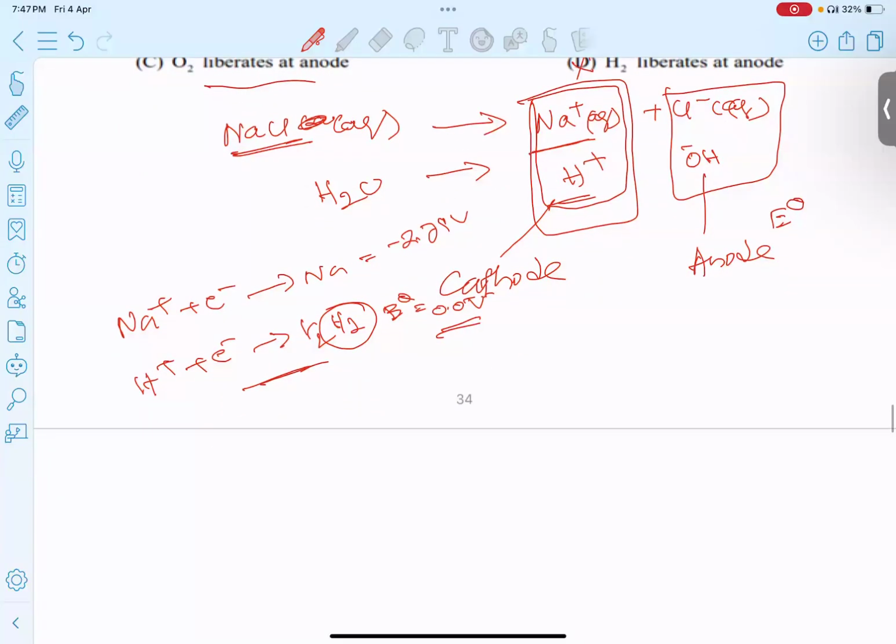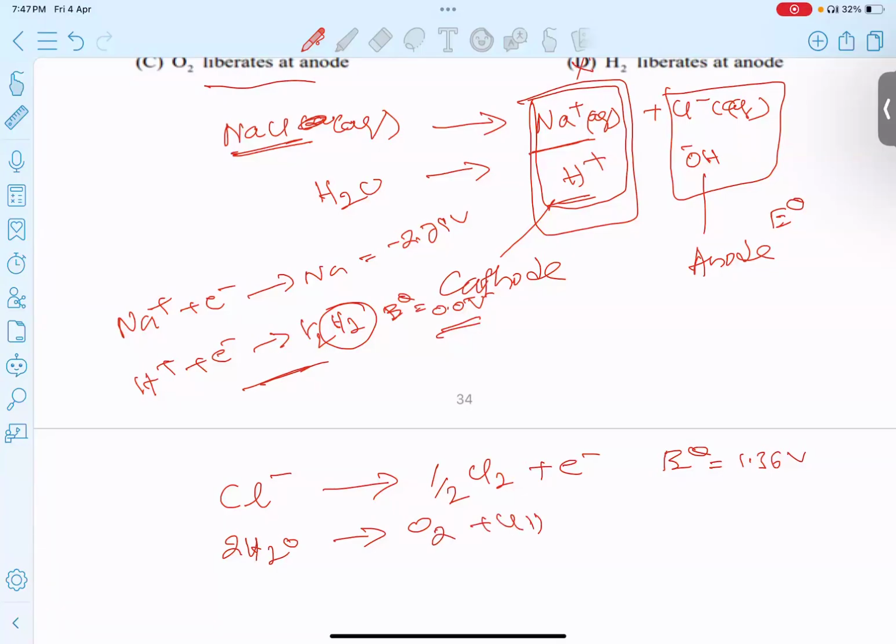There is Cl minus giving Cl2 plus electrons, with E naught value equal to 1.36 volt. At the anode, water undergoes oxidation to oxygen plus 4H plus and 4 electrons, with E naught value of 1.23 volts.